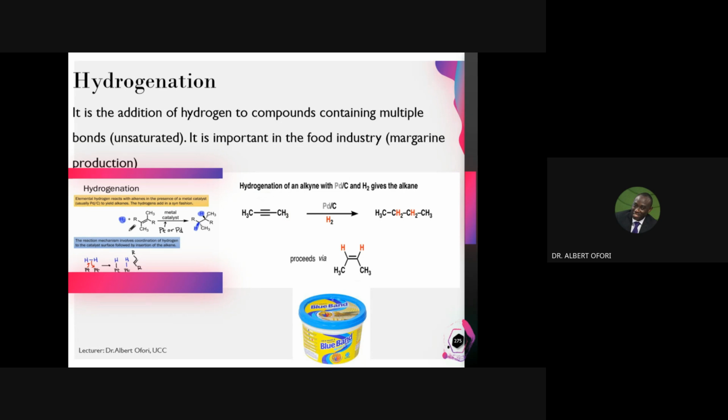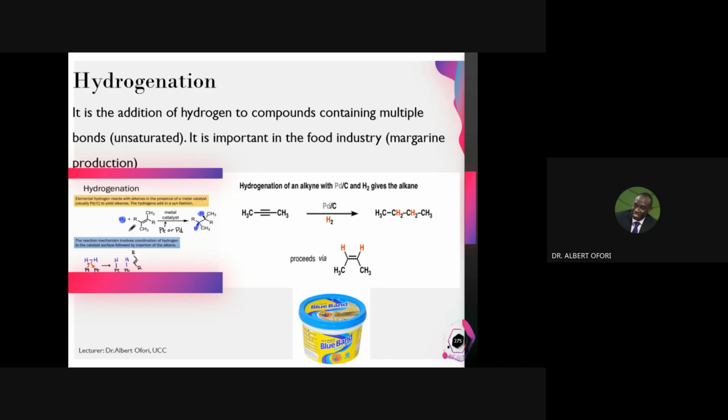So hydrogenation basically is just adding hydrogen to an unsaturated compound, a compound that has a double bond or a triple bond. Now, can you tell me the difference between margarine and butter?